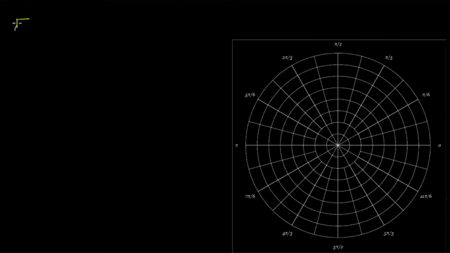So as an example, we're going to plot these points. We're going to plot point A, that is 2 pi over 2. We're going to plot point B, that is 5, 330.